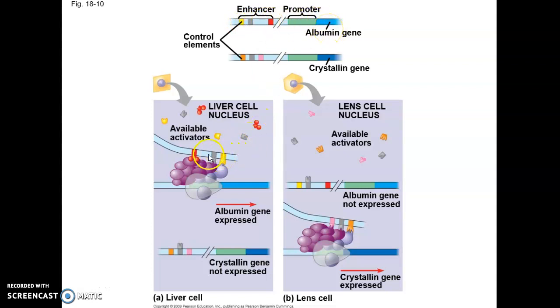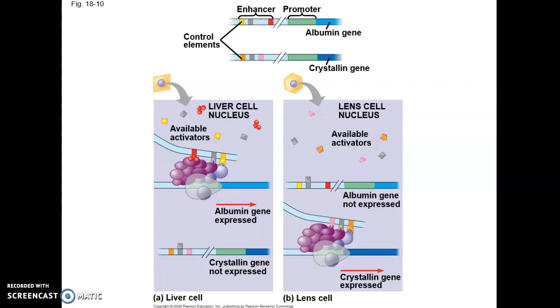So they're going to attach, all the transcription factors are going to attach, and then this gene is expressed. Now looking at the crystalline gene, we would need orange, gray, and pink. Those things are not present in a liver. So there's nothing to attach to the control elements. So this gene would never be expressed because polymerase would never find it.